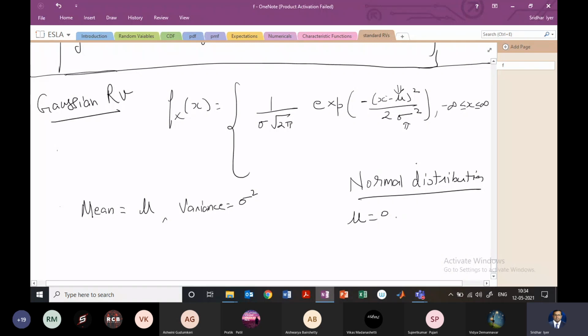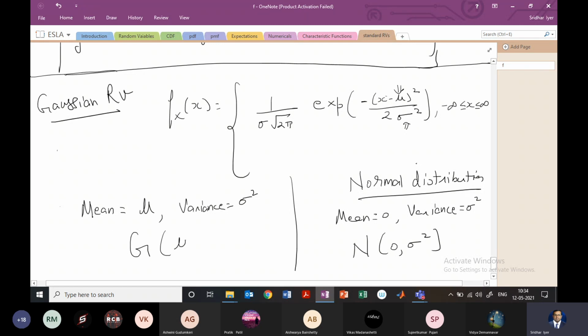So in this case the mu becomes 0, that is the mean value is 0 and the variance remains sigma square, and it is denoted as N(0, sigma square). So we'll solve numericals later on, and if it is specified that it is a normal distribution, we can take the mean as 0 and variance as sigma square, right? Whereas for the Gaussian case, which we discussed earlier, you can write this as G, which represents Gaussian, (mu, sigma square).